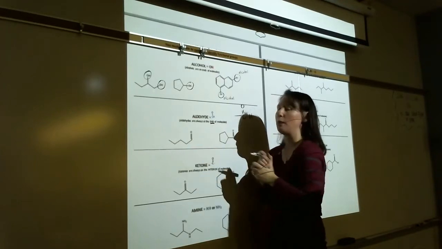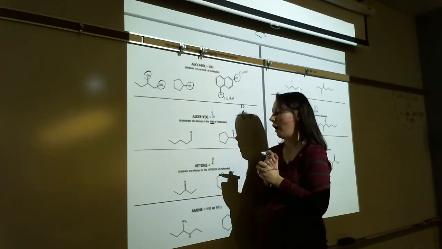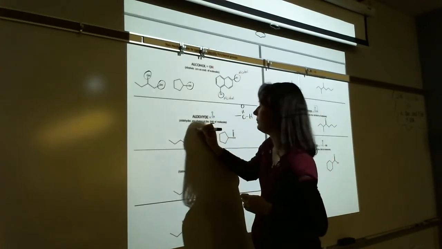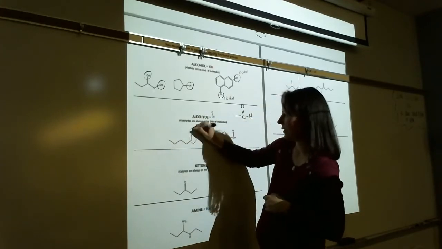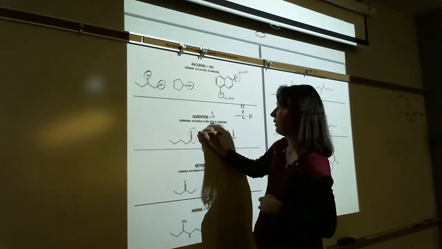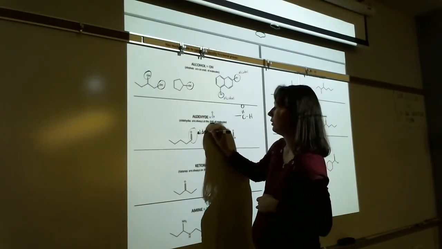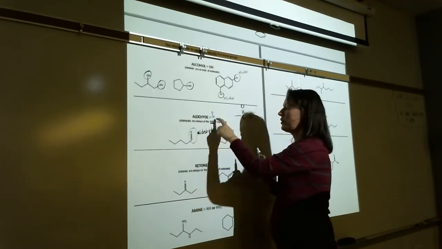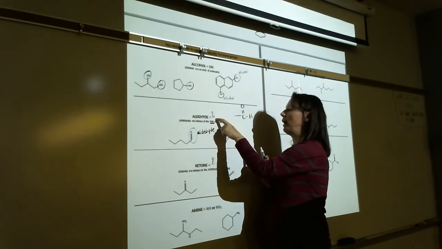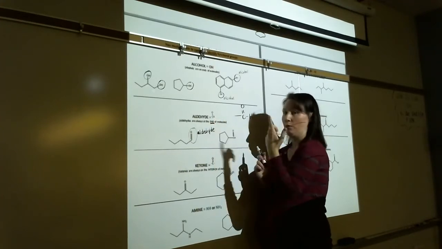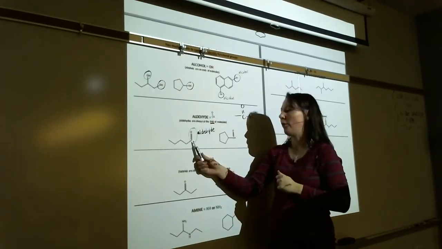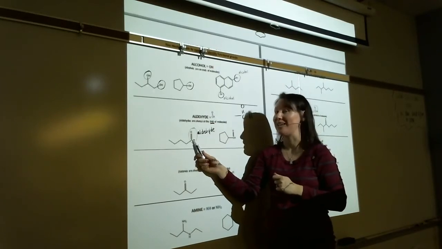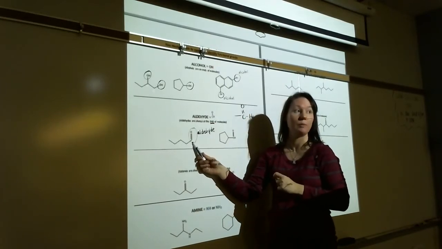So if I gave you this molecule and said identify and name all of the functional groups, right? This is an aldehyde. A lot of students forget. They'll say, oh, aldehyde is C double bond O H. Well, that's true, but there are no H's in skeleton notation. So you do not have to see an H sitting there for it to be an aldehyde.